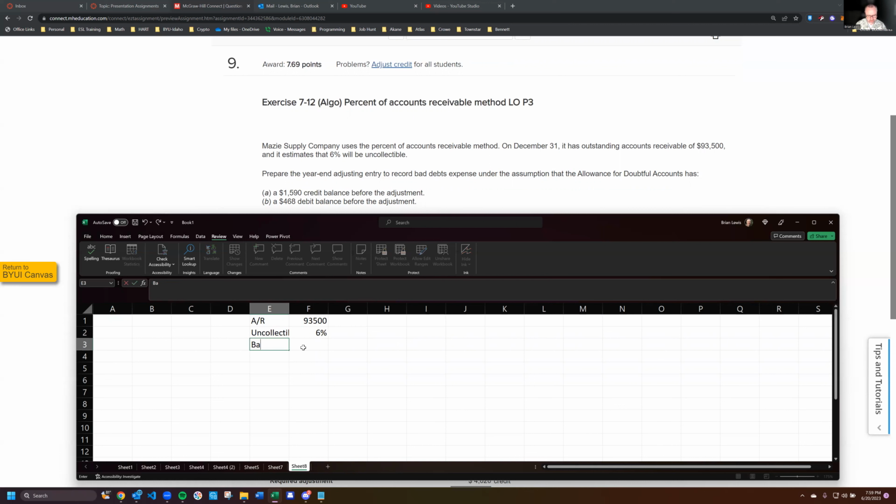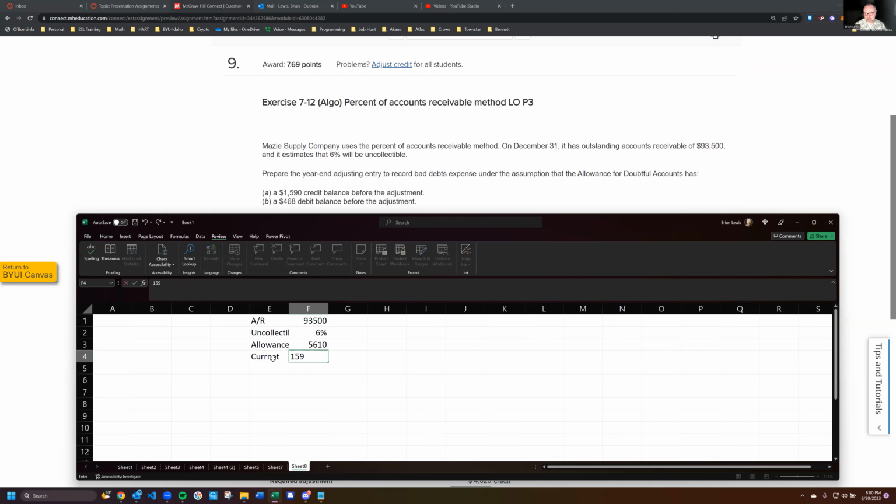So the allowance, probably a better word, is going to be that AR times the percent. So 5,610 is what we need to have in our allowance at the end.